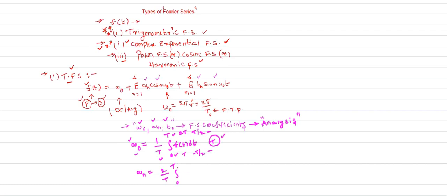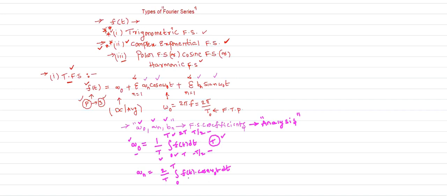Just remember this: in the integration, the limits are always your time period. So 2 by t integral 0 to t, your function f of t into cos n omega naught t dt. This is the formula used to calculate the Fourier series coefficient an.